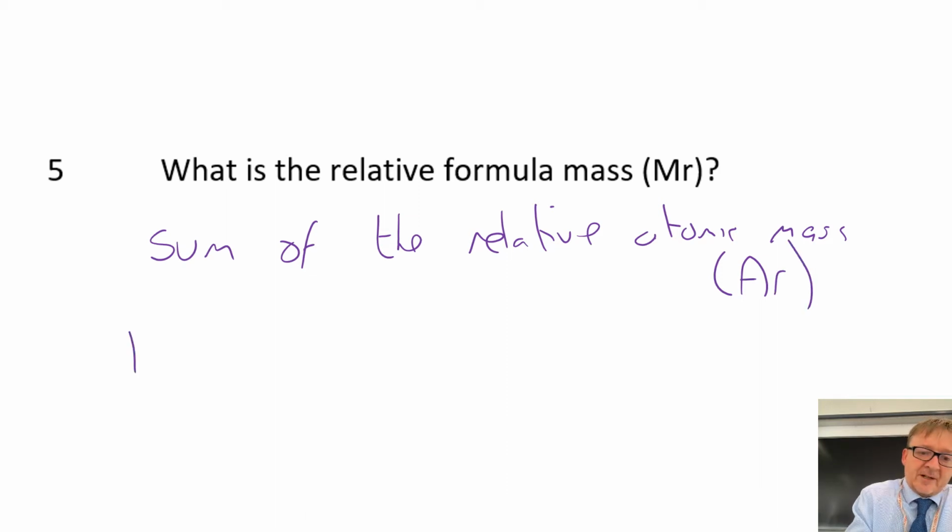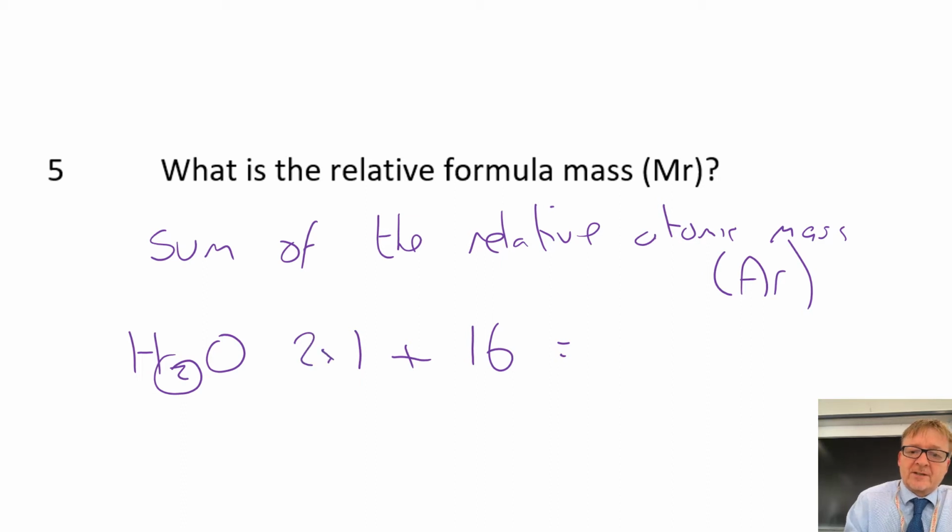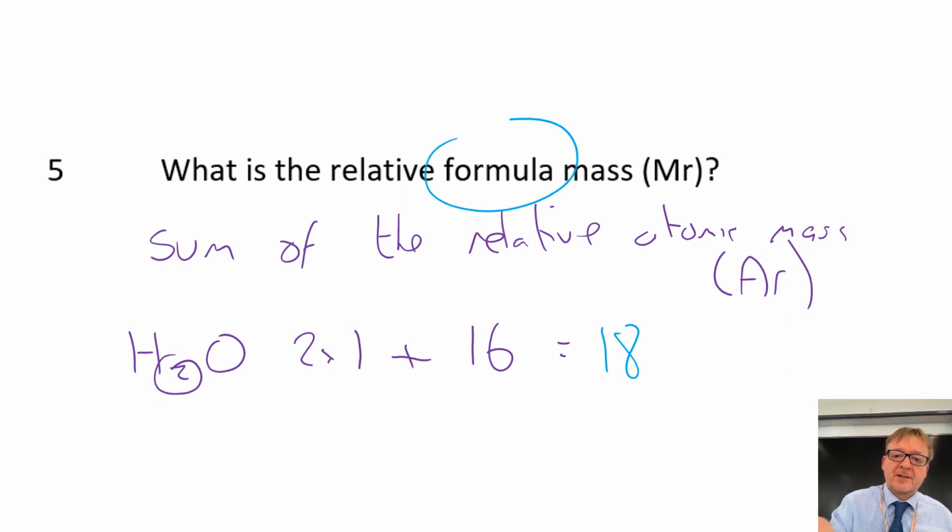Example of that is a very, very simple one, H2O, right? So the relative atomic mass of hydrogen is 1. Right, relative atomic mass of oxygen is 16. Then because there's 2 hydrogens, I do 2 times 1, so 2 add 16 equals 18. Okay, so the relative formula mass is 18 because that's the whole formula.